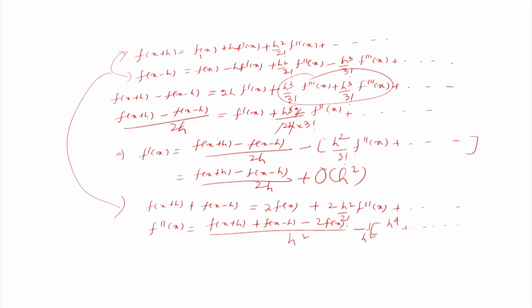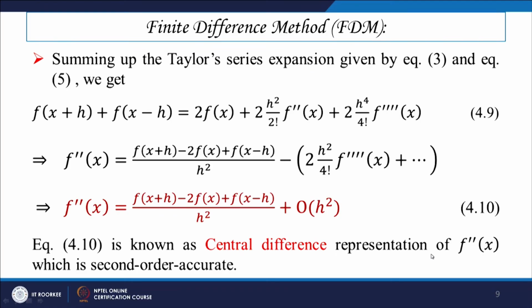So the final formulation is f of x plus h minus 2f of x plus f of x minus h by h square plus order of h square. This is known as the central difference representation of f double dash x, which is second order accurate.